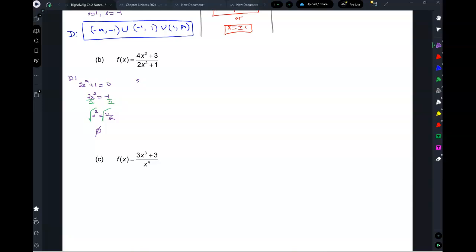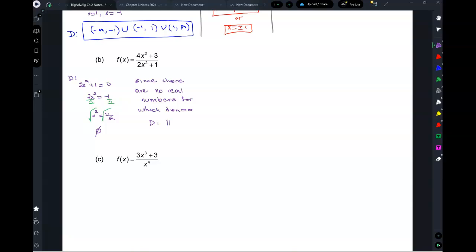Okay? So since there are no real numbers for which the denominator equals 0, the domain is all real numbers. So how do we write all real numbers?